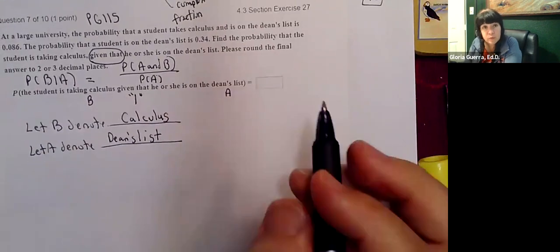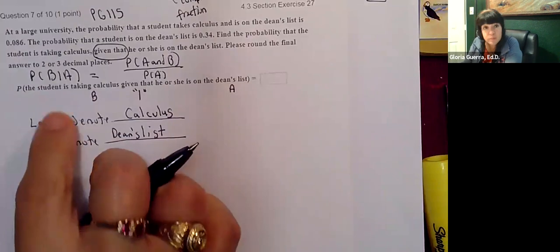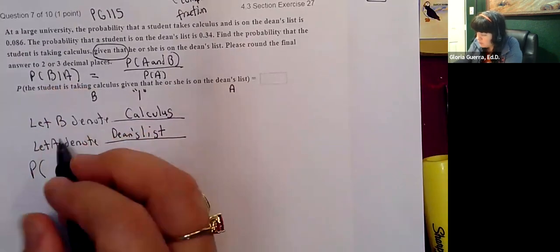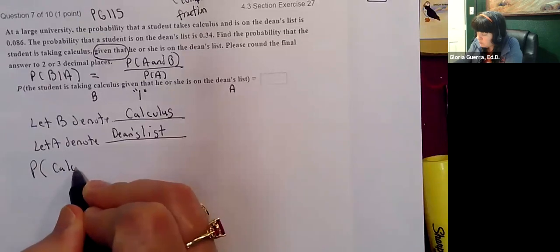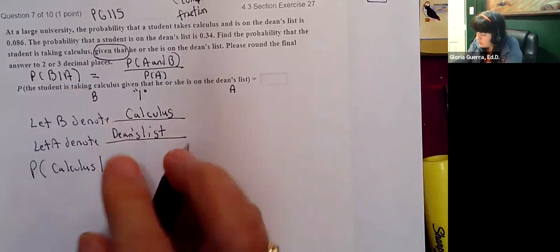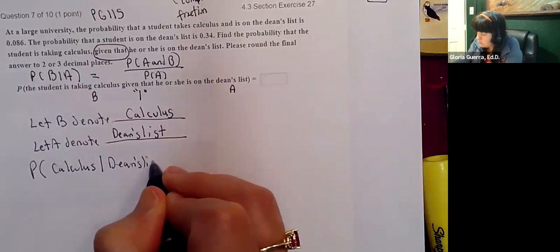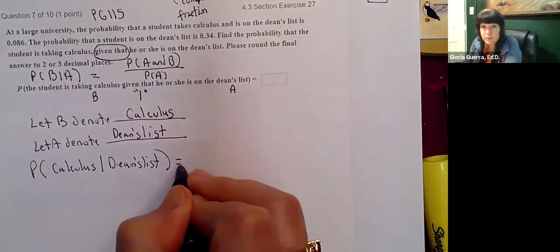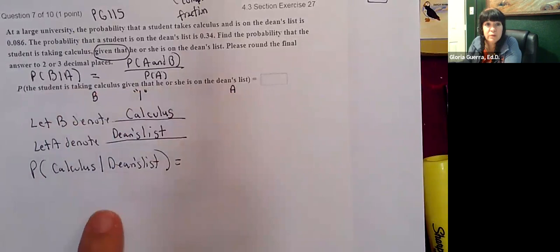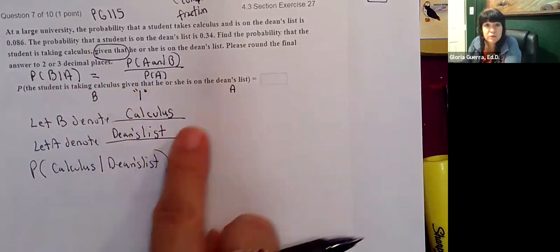And then when we substitute using the formula, probability of B given A, you're going to say calculus given A is dean's list. So you see I've shortened it. See, it's much longer here. So I shorten it, but there's your calculus, there's your given that, there's your dean's list.